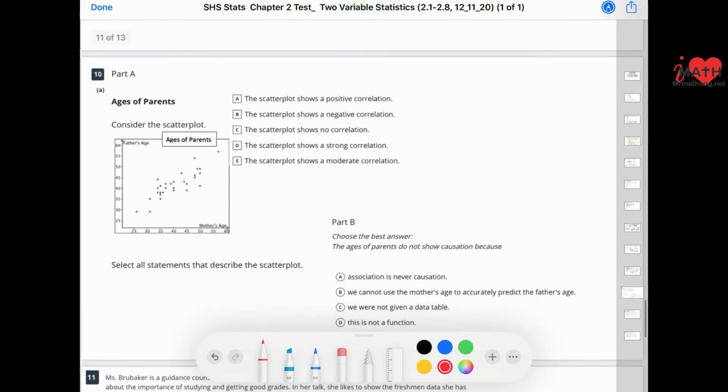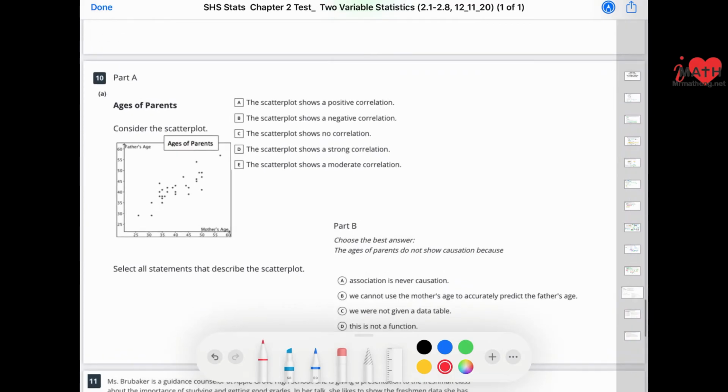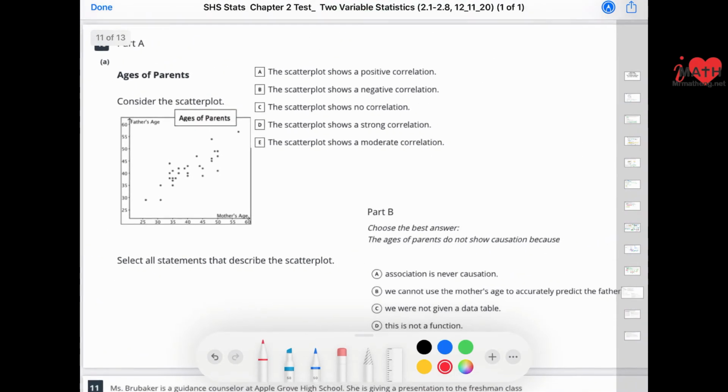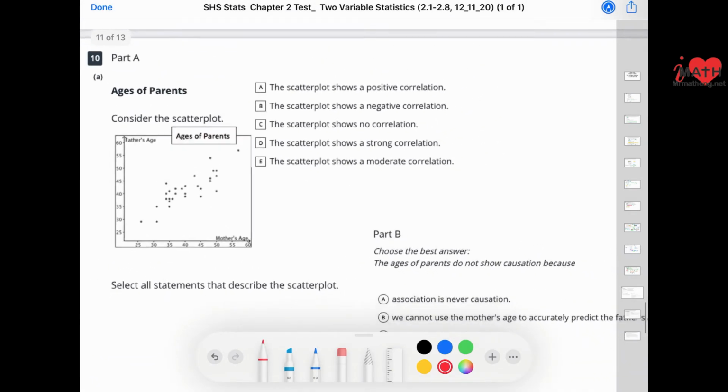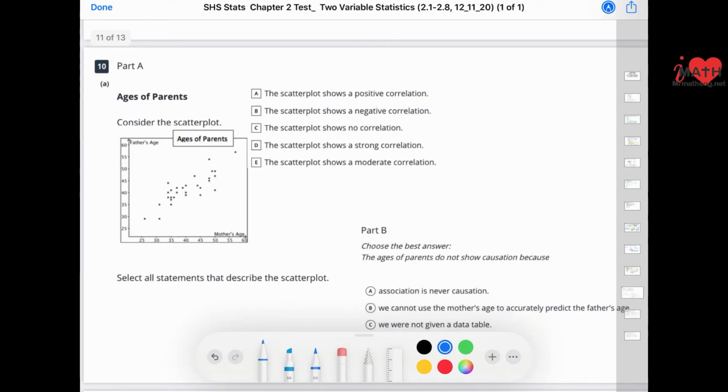Okay. Number 10. Age of parents. Consider this scatter plot. So I have the mother's age and the father's age. Select all the statements that describe the scatter plot, so it can be more than one. I'm going to put in a line of what I think is the best fit.